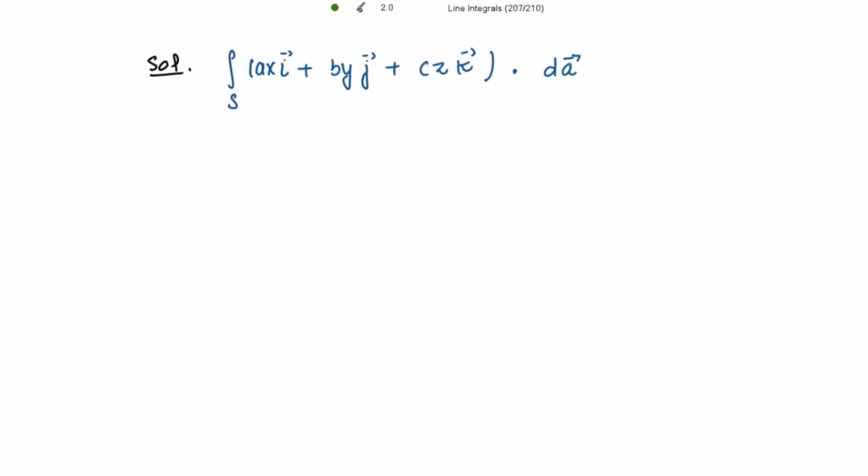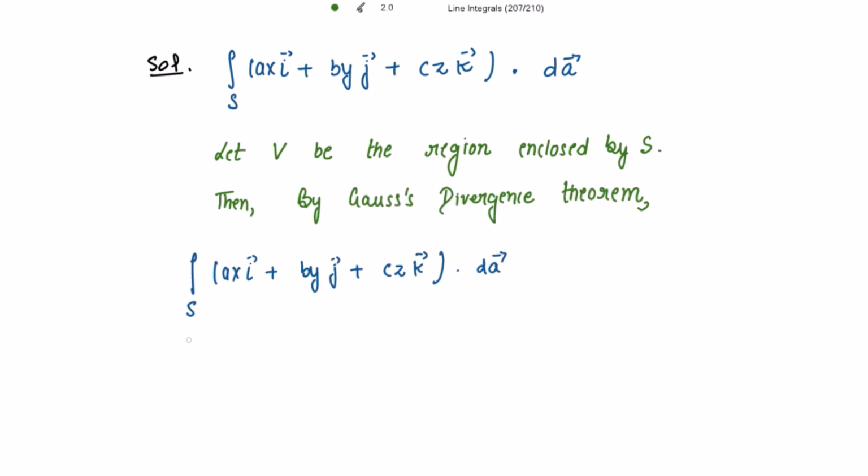So this is the given integral, and let's consider V to be the region enclosed by the surface S. Then, by Gauss's divergence theorem, this given surface integral is equal to the volume integral of the divergence of this vector.